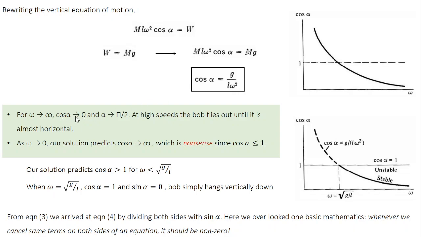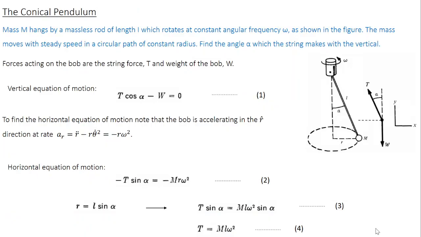So cos alpha goes to 0. We know for what value of alpha cos alpha goes to 0. This is for pi by 2. So what's the physical meaning of it? When omega goes to infinity, when the bob rotates at a very high speed, the angle alpha increases. Finally what happens? The bob is almost horizontal.